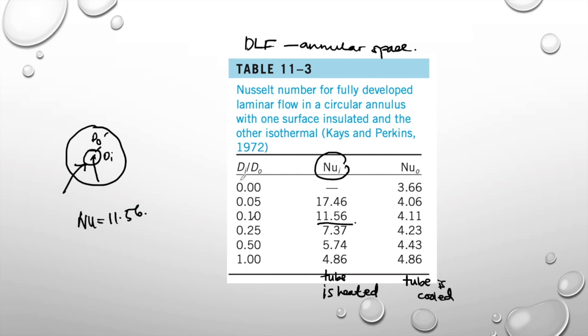Now, what we are going to do is we have to calculate what is dI over d out. So our dI here is 0.02, and our d out is 0.03. So you have to divide these two values.